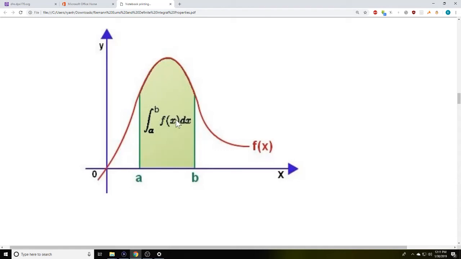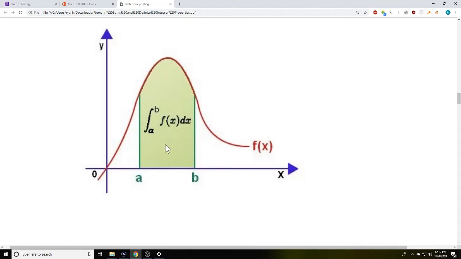Then what this is saying is that we can say that the entire integral, we could start from a to c, measure up to there, and then measure from c to b, and then add those two pieces together to get the entire area. So we can basically split it up into two different integrals and find them separately, and then add them together to find that total area, right? And sometimes this is going to be an easier technique than trying to find it all at once.